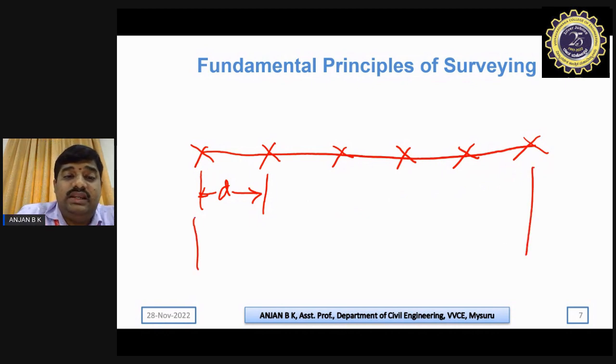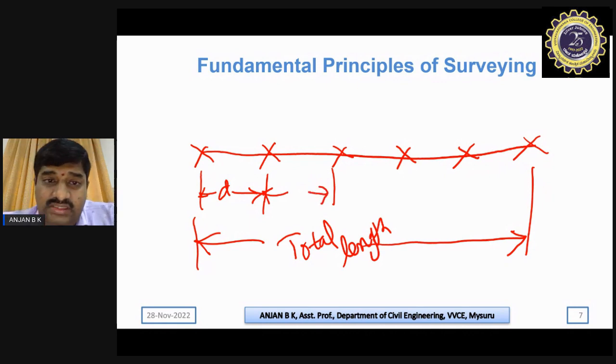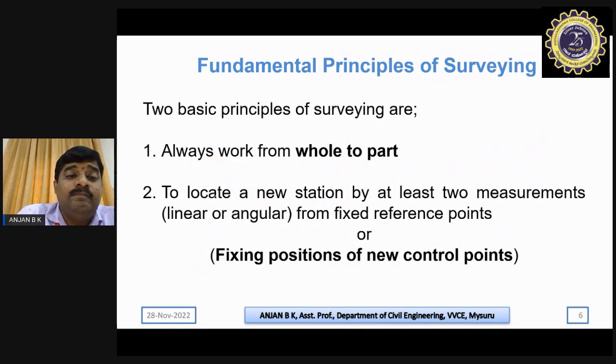The entire work is the total length, which is subdivided into smaller lengths, and all the small lengths are nothing but parts of the whole work. This is one principle of surveying. The second principle is that in order to locate any new station, we must have at least two measurements, either linear or angular.